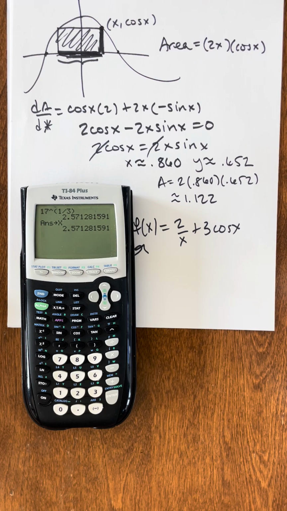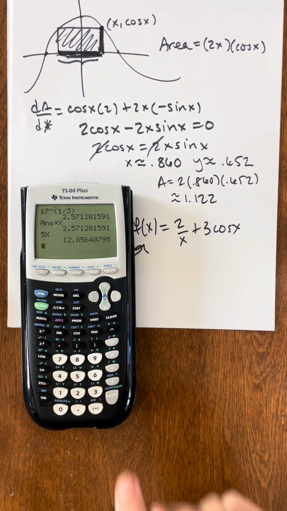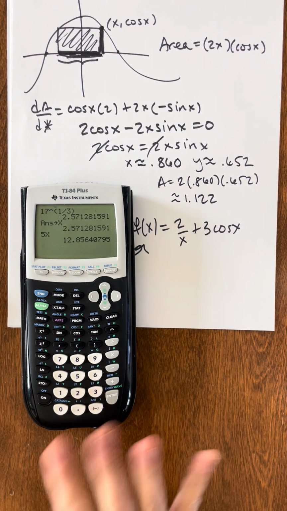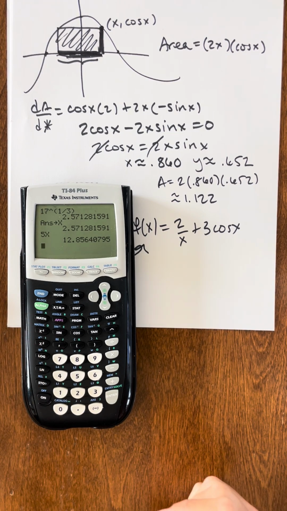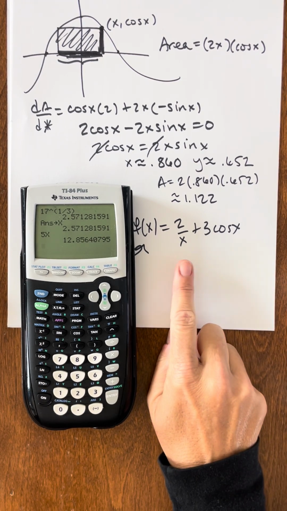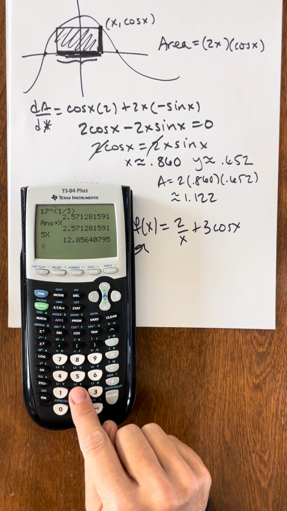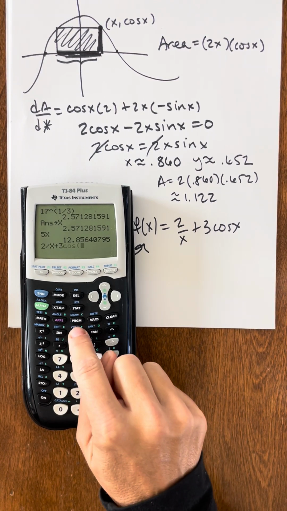Now, whenever I hit x on my calculator, it will plug this in. So 5x equals, it multiplies 5 times this number. It does not have any effect on your functions. You probably already have a value in there that you never knew about. So if I want to find the value of this function, a great way to do that is just to store it on my calculator and then do 2 over x plus 3 cosine x.